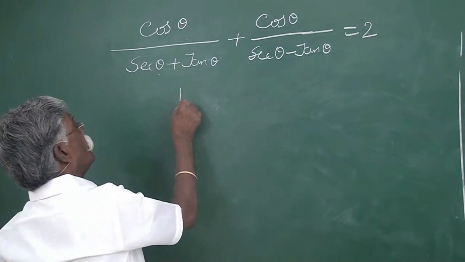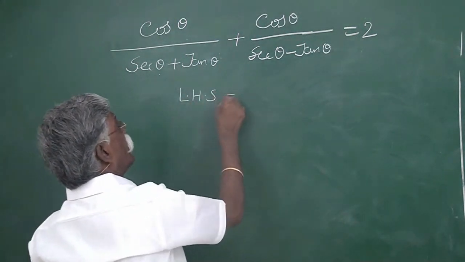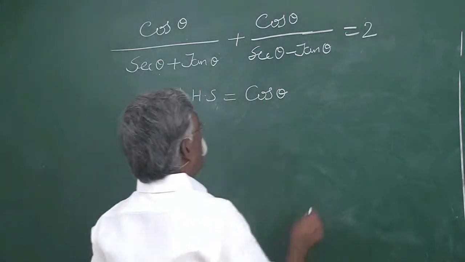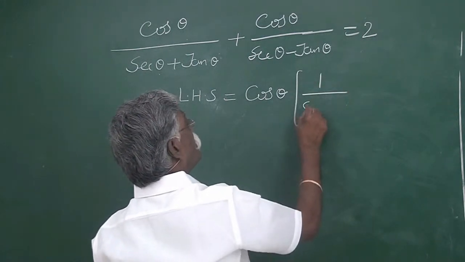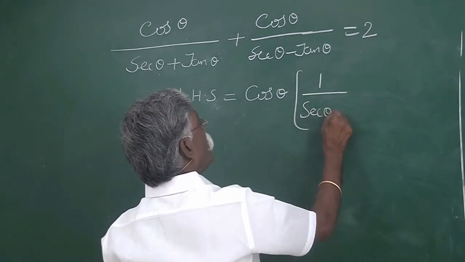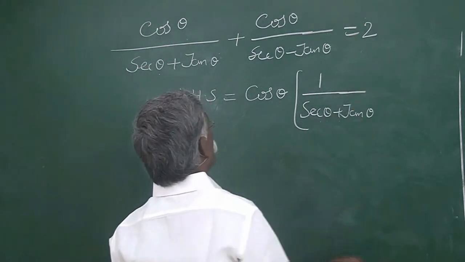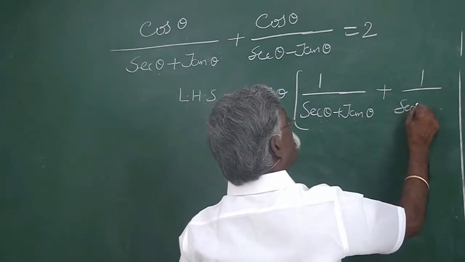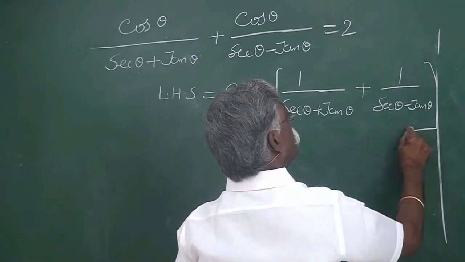Now in the LHS we are getting cos theta as common factor. After taking this as common factor, here we are left with 1 by secant theta plus tan theta plus 1 by secant theta minus tan theta.